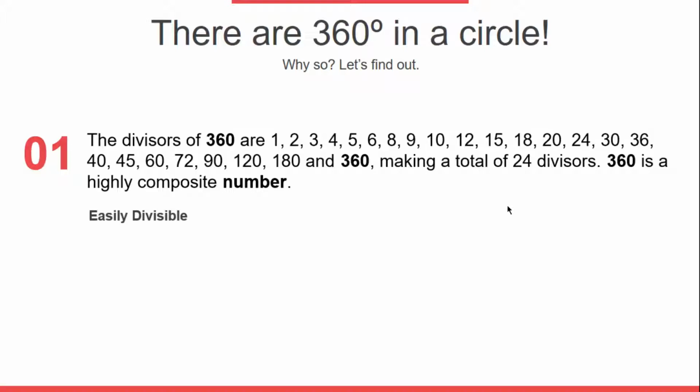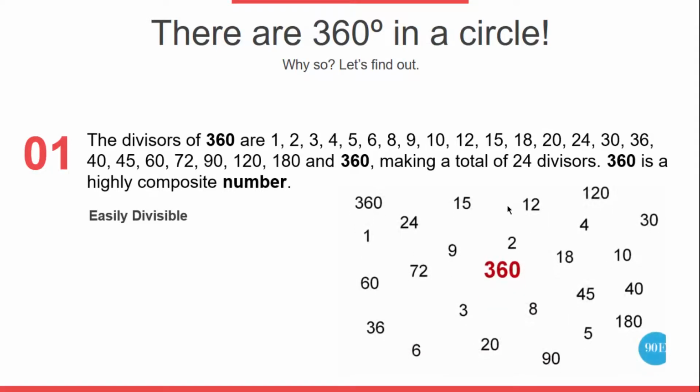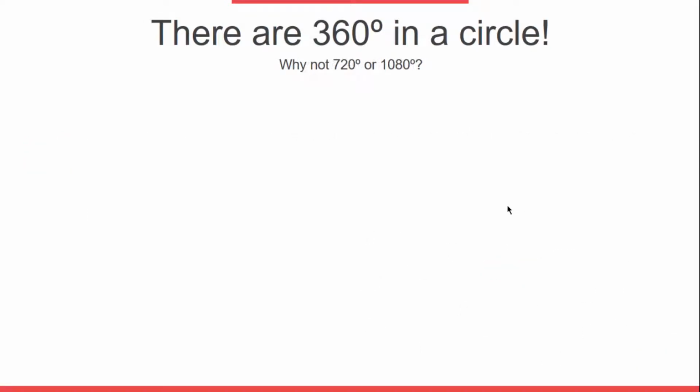Now that means that 360 can be divided by 24 other numbers, which makes it very easily divisible. So we need to remember that one of the reasons why we use 360 degrees is because it is very easily divisible.